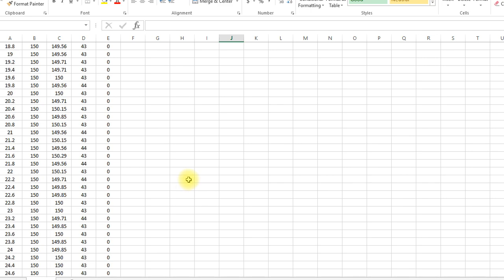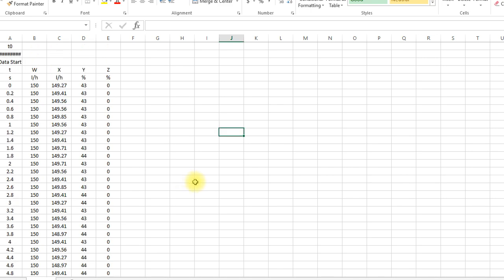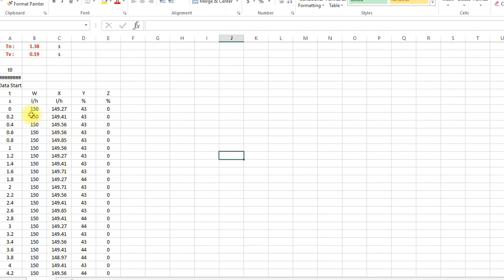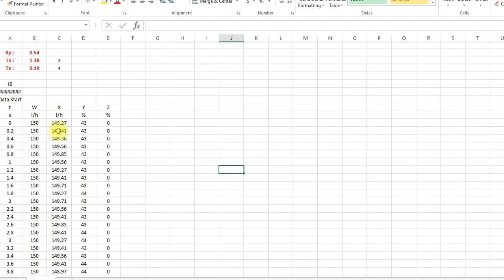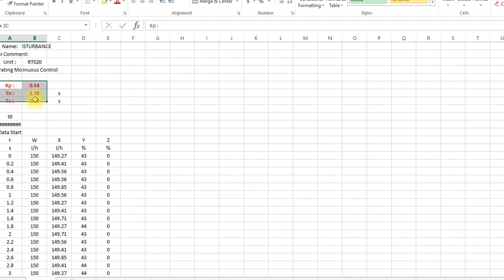So if you create the disturbance in the system, not the set point change, you can see the set point is 150. This is the real variable, and we are running at those values Kp, tau n, and tau d. This is PID. We want to check how this PID setting is working with the disturbance.